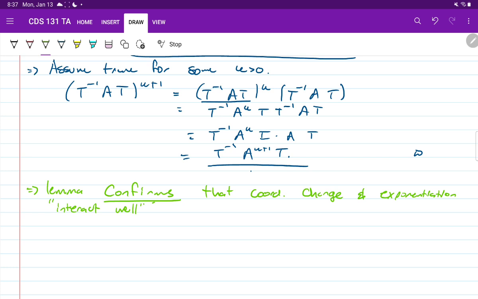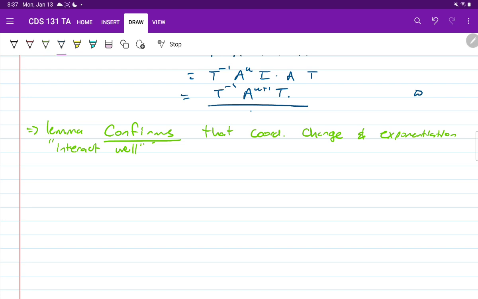All right, now that I've shown that coordinate change and exponentiation interact well with each other, I want to give you a quick example of how we can use this property to our advantage. Okay. All right. So what we'll find is that matrices that are diagonalizable have a particularly nice structure under exponentiation. Okay. So I'll prove this to you next.